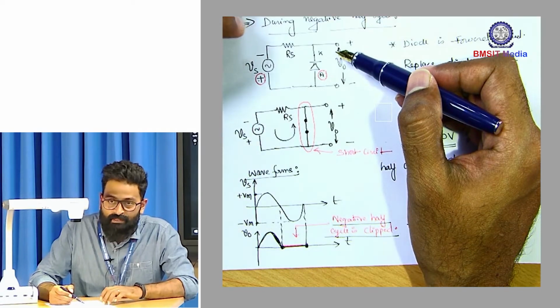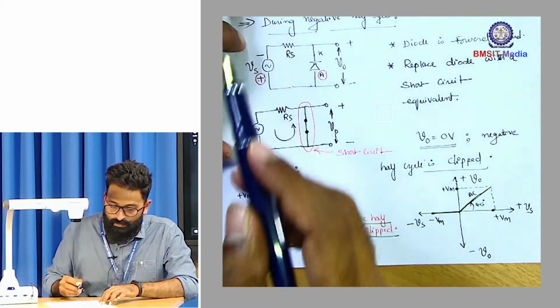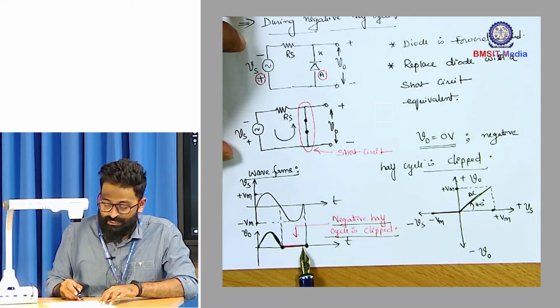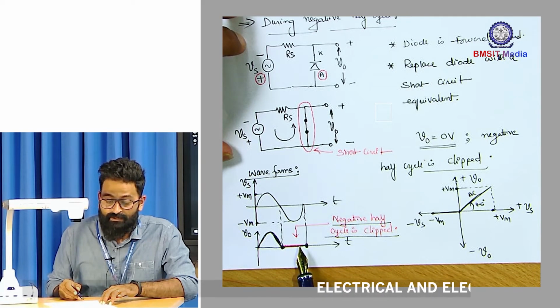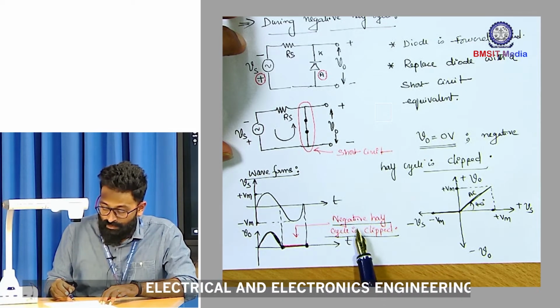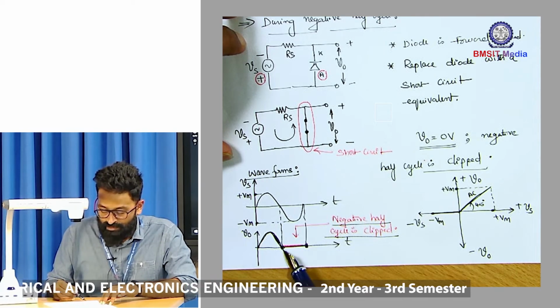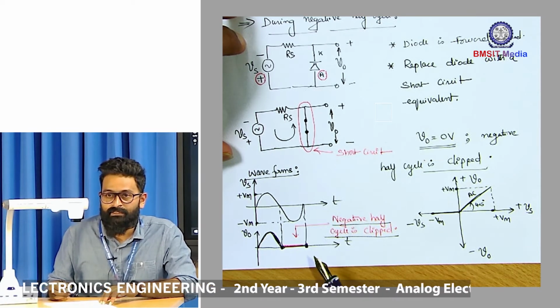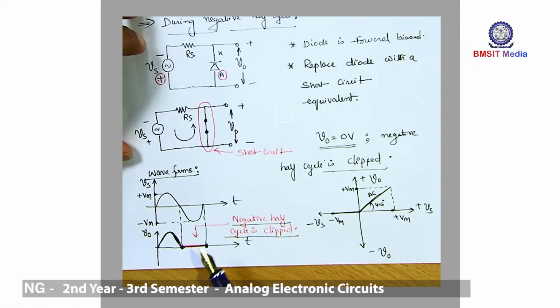So in case of ideal clipper, what happened was the output was getting clipped at 0 volt level. Right. So in case of a practical negative clipper, what happens is that output is not going to get clipped at 0 volt level. Instead, the output is going to get clipped at minus Vk level, right? So let's see how exactly it happens.